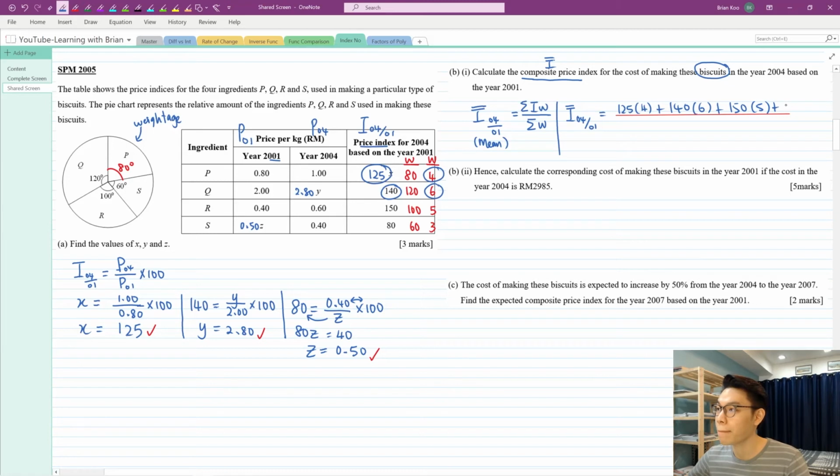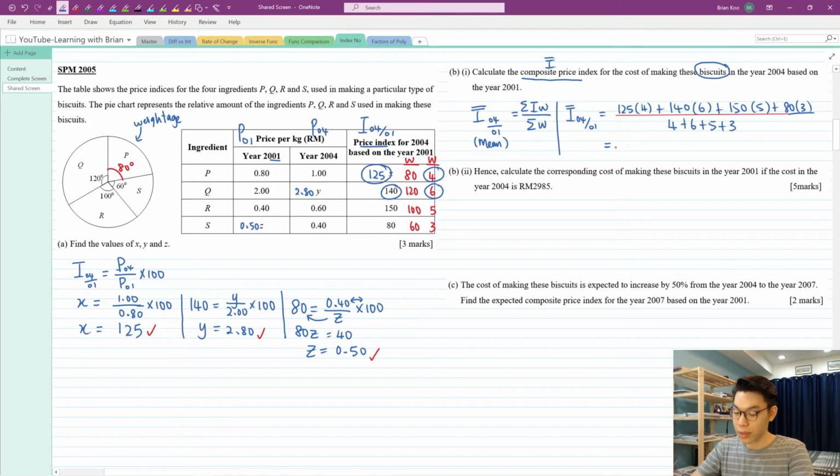One last one, 80 times 3, over the total weightage 4 plus 6 plus 5 plus 3. Then you'll get your final answer already.